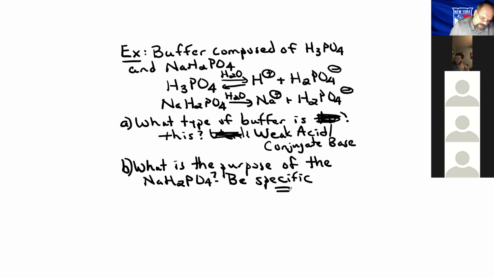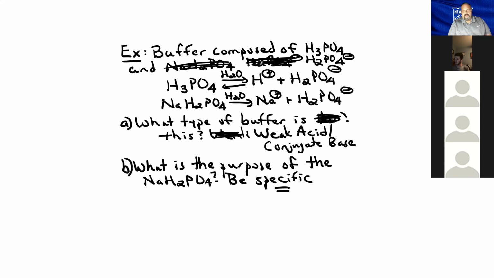And actually, when I meant to say NaH2PO4 in the question, let me change that to H2PO4 minus. This way, the question is a little bit clearer. So let's make it a buffer composed of H3PO4 and H2PO4 minus.